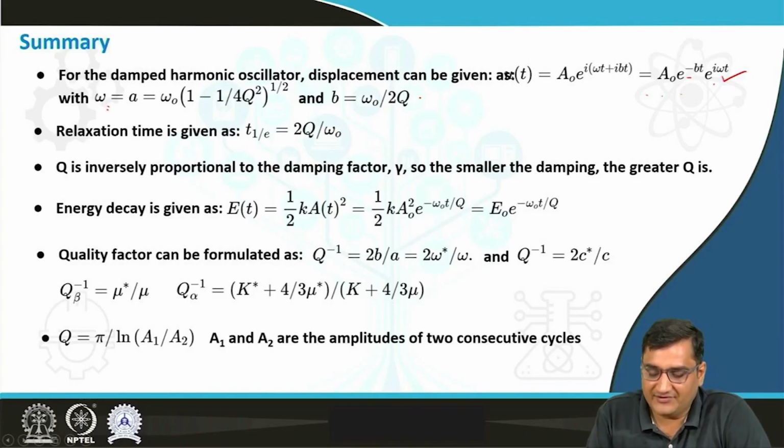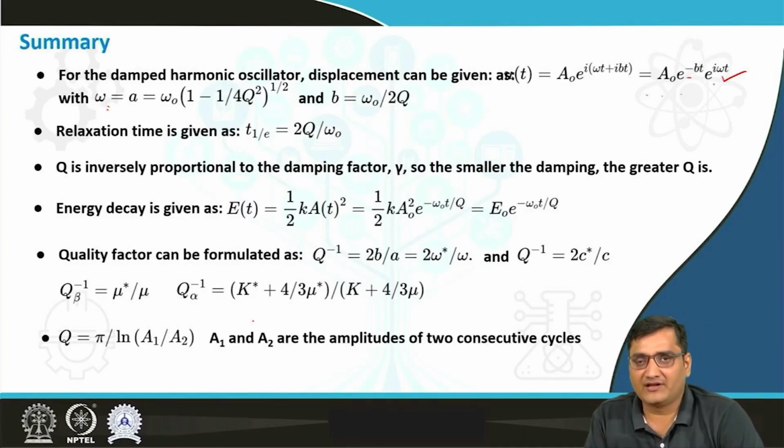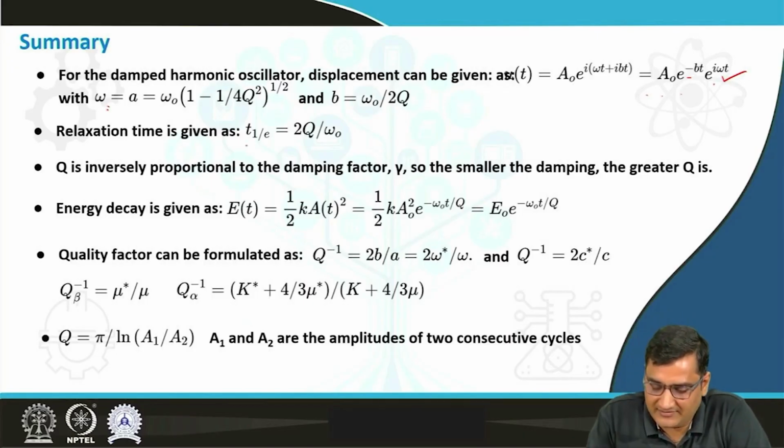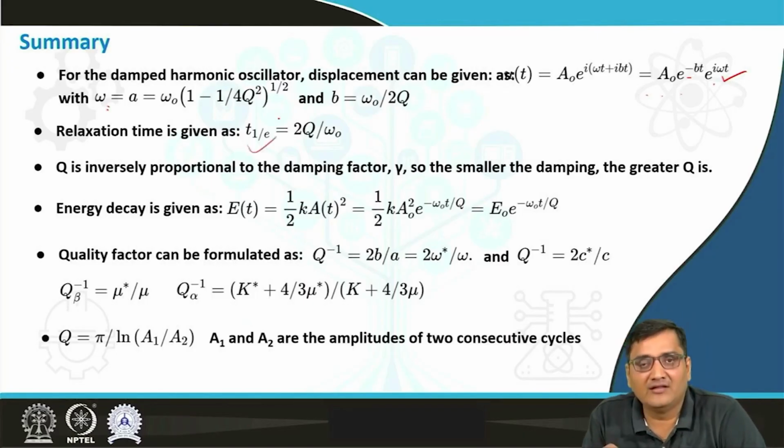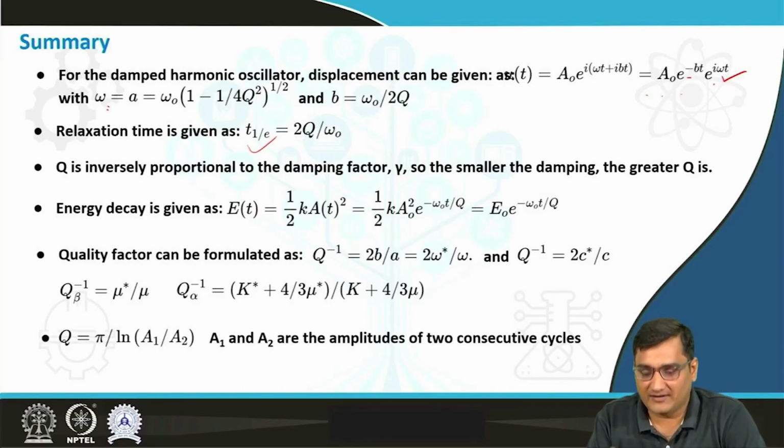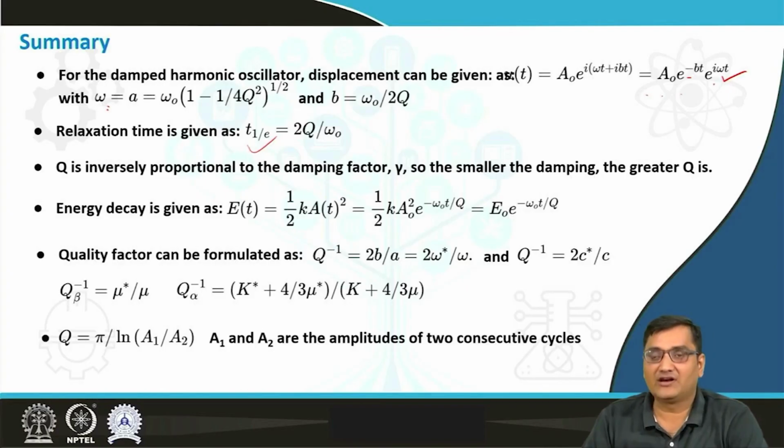The relaxation time is when the amplitude decays to 1 by e of its initial value. So the relaxation time t of 1 by e is equal to 2Q by omega naught, where Q is the quality factor, and Q is inversely proportional to the damping factor gamma. So the smaller the damping, the greater the Q is.